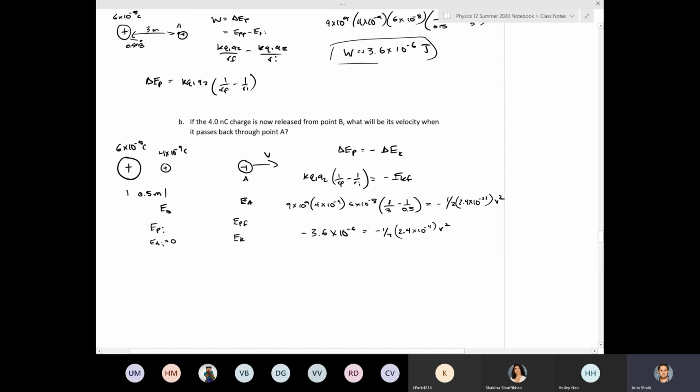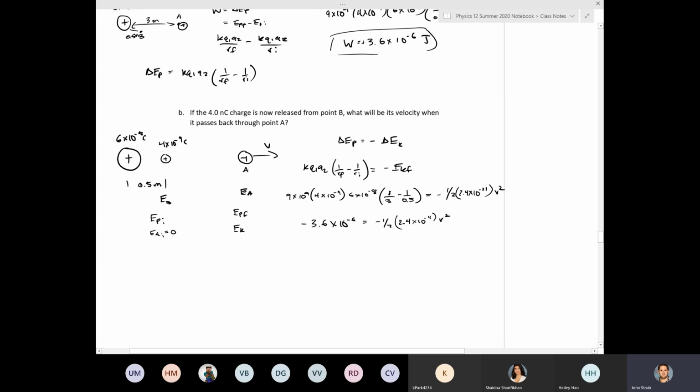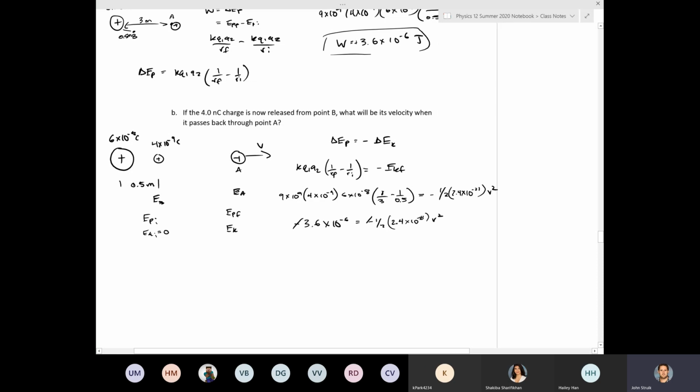And obviously the charge of a proton is the exact same thing as the charge of an electron, so they're together there. Continuing on this question, negatives cancel out. Multiply that side by 2, divide by 2.4 times 10 to the negative 21, and you get v equals 5.5 times 10 to the 7 meters per second.